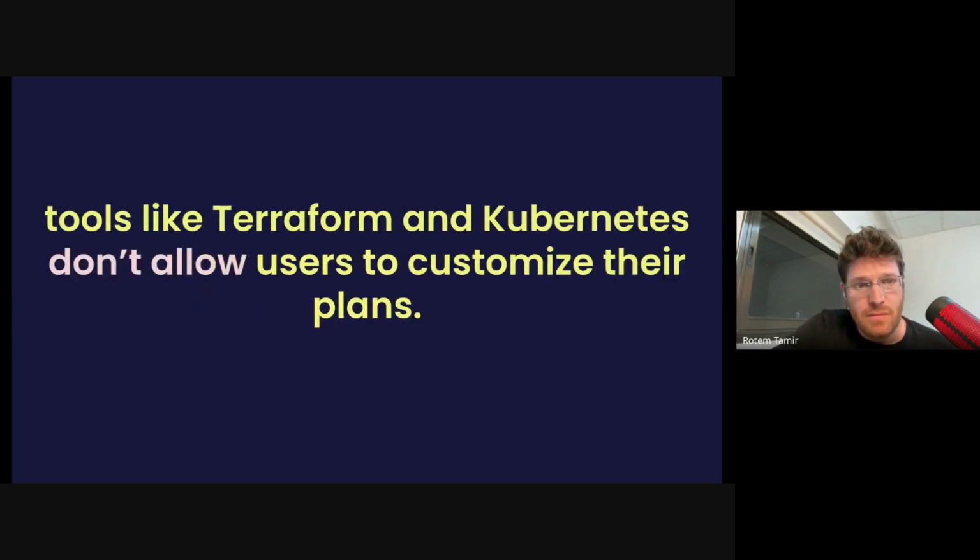And this is made more concerning by the fact that tools like Terraform and Kubernetes don't allow users to customize the plan. When you kubectl apply your manifest, your application, you don't have any say about what the order of operations is going to be. You just let the controllers on your cluster reconcile between the current and the desired state.